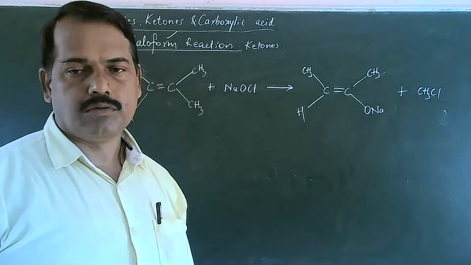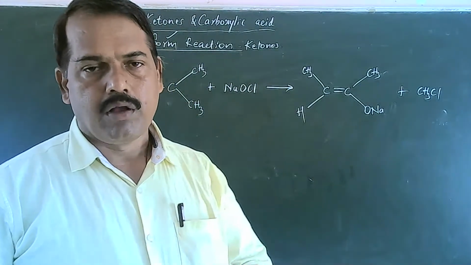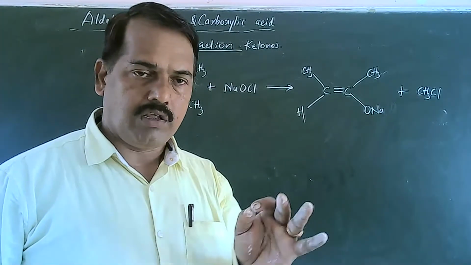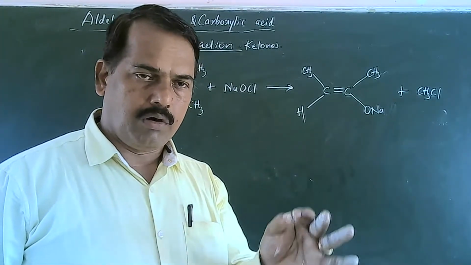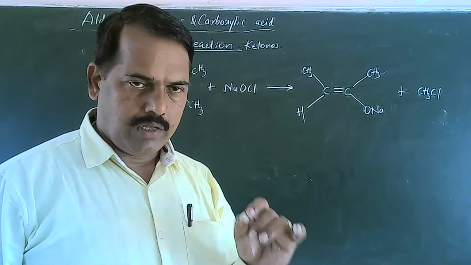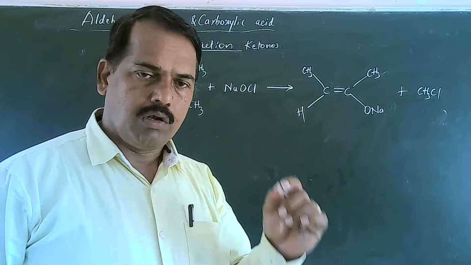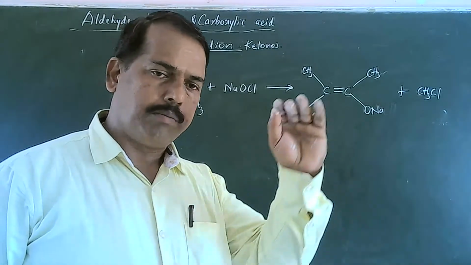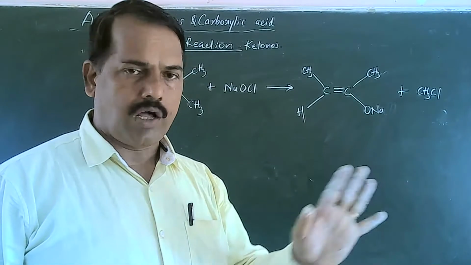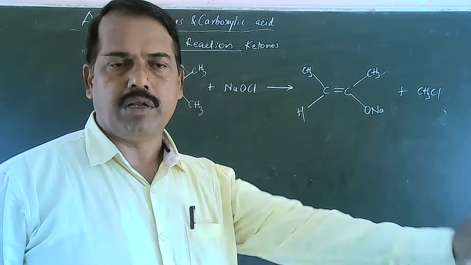See the reaction. Are you clear? The complete methyl group is eliminated. That is the main concept of the haloform reaction. In a haloform reaction, one of the carbon atoms is completely removed. If suppose it contains 5 carbon atoms, the product has 1 carbon atom less.